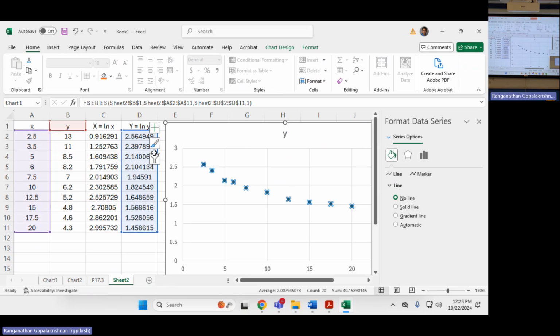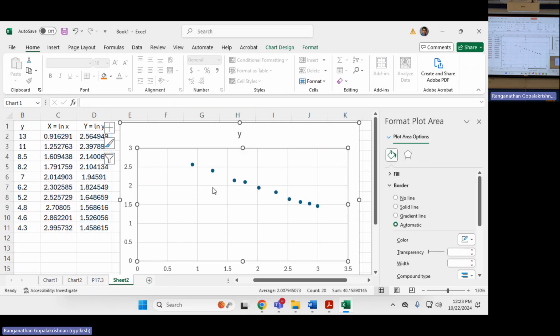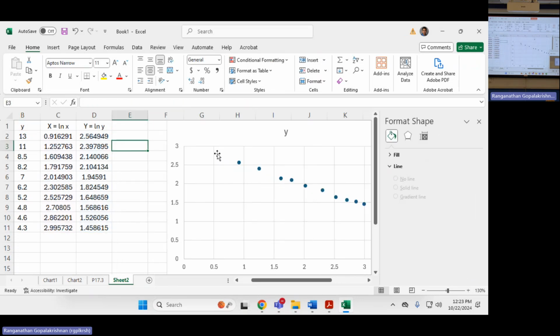So what if we took logarithm of x and plot it against logarithm of y? Does this look linear to you? This looks reasonably linear, right? And how do we check? We can go back here and compute the slope between any 2 points and see if the slope is roughly the same.